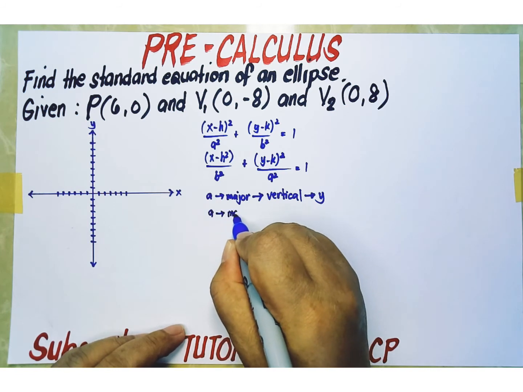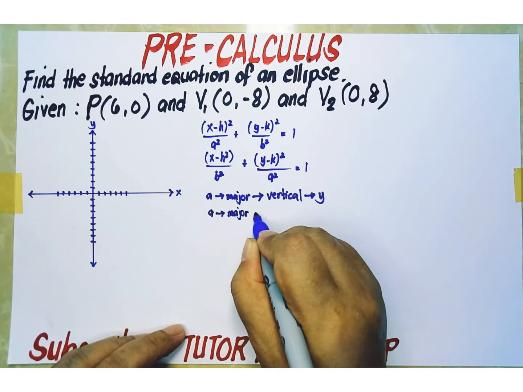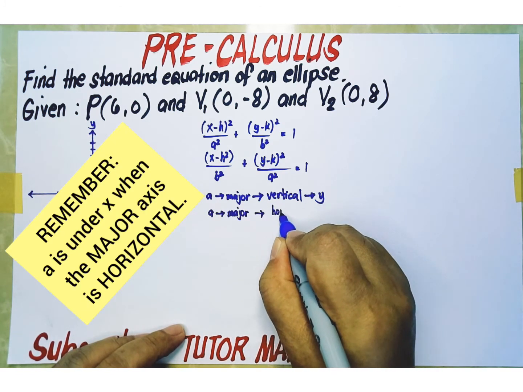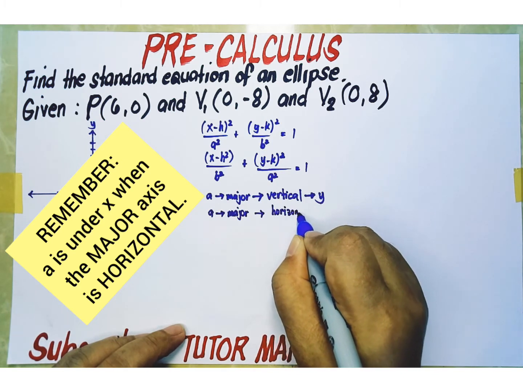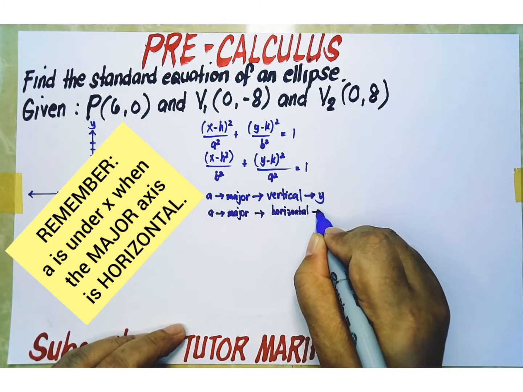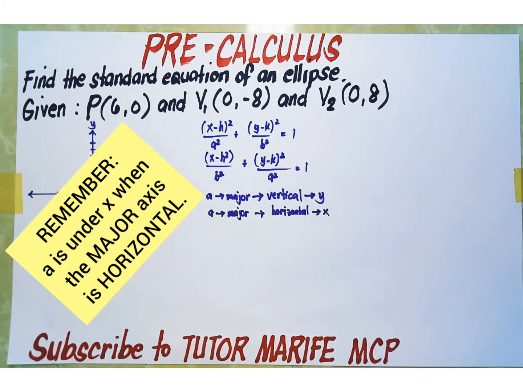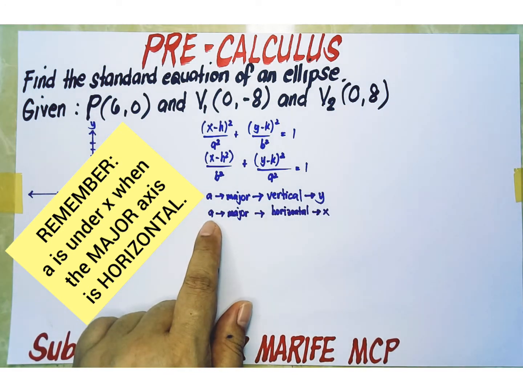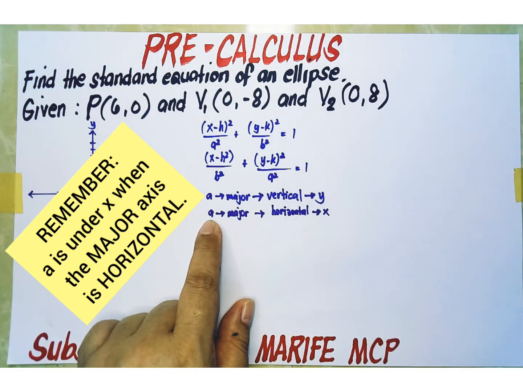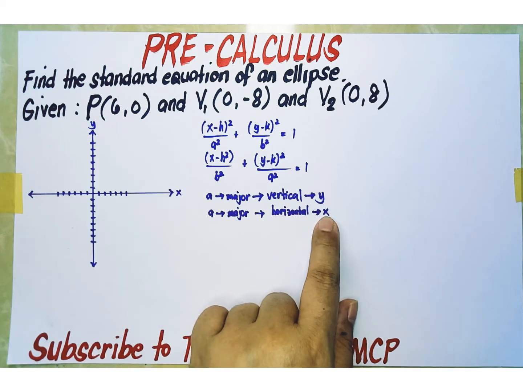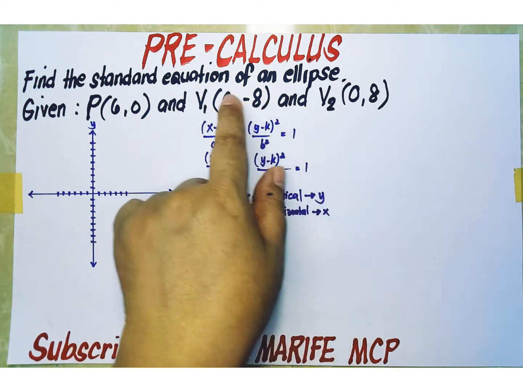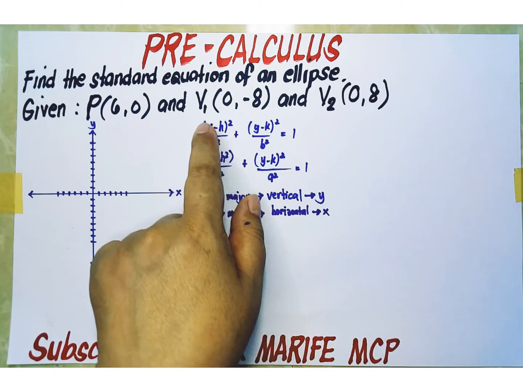If your major axis is horizontal, and horizontal is associated with x, then a should be placed under x. Look at the first equation. a is under x.